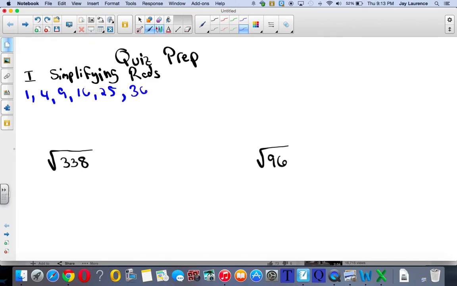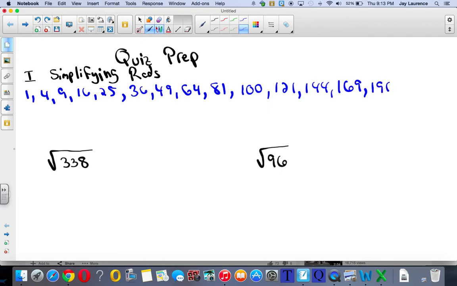So let's do 6 squared, 7 squared, 8 squared, 9 squared, 10 squared, 11 squared, 12 squared, 13 squared, 14 squared, 15 squared, 16 squared, 256, 17 squared, 18 squared, and I can stop here, okay, because 19 is going to be 361.